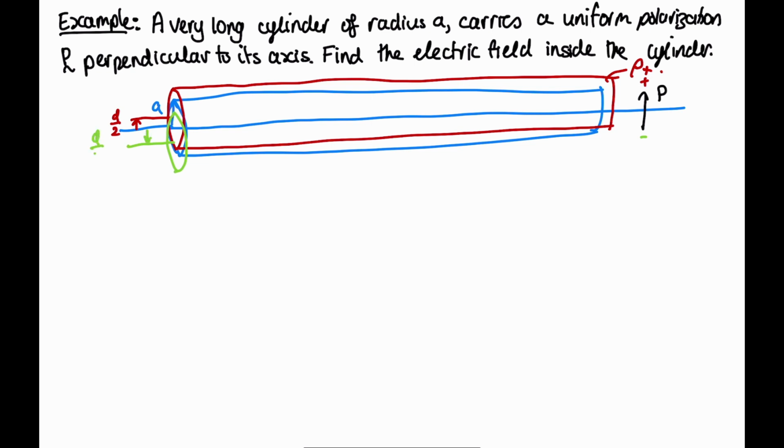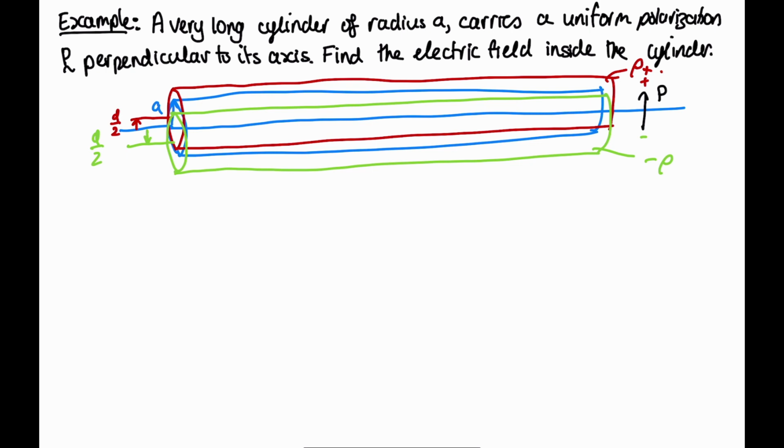This is distance d/2, and these charges have moved down like this. And this has got a charge, minus rho. These are equal and opposite charges, so I should probably write this as positive rho. So you can see that effectively inside where the green and the red overlap, that's neutral like we discussed, but we've got extra positive charge up here and extra negative charge down here.